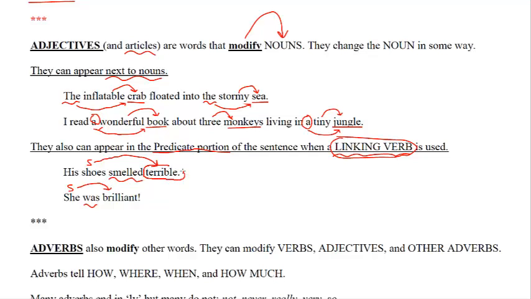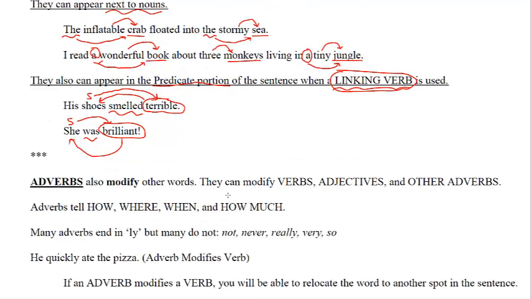Terrible is an adjective describing shoes. It's just appearing over there. Brilliant is an adjective describing her. It's just appearing after the verb. So there are 2 places adjectives are going to be. They're going to be in front of the noun, or they're going to be in the predicate end of the sentence. We're going to get back to adjectives in a little bit, but let's do a quick adverb lesson.